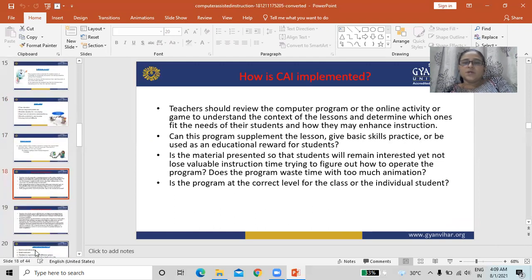How is computer assisted instruction implemented?